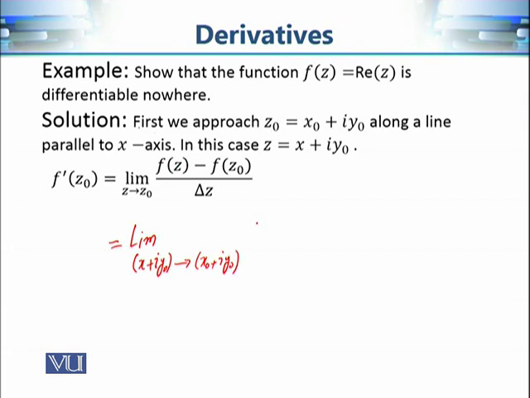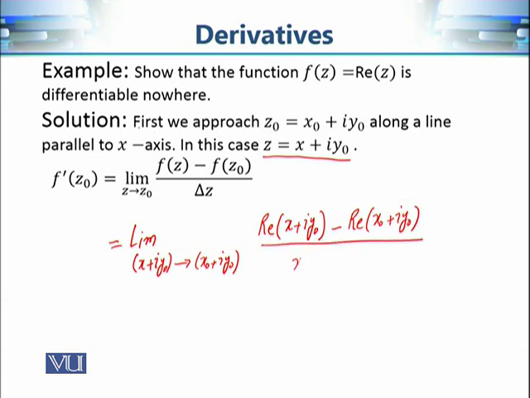So we have the real part of x plus iota y0 minus the real part of x0 plus iota y0, divided by x plus iota y0 minus x0 plus iota y0.